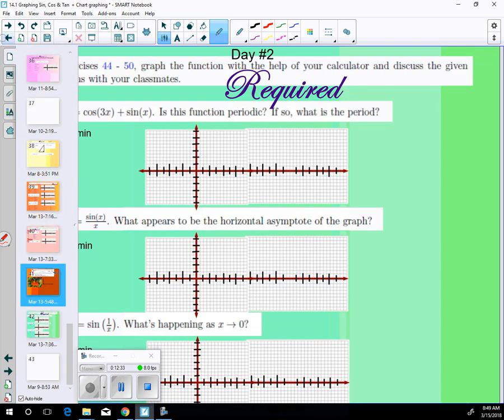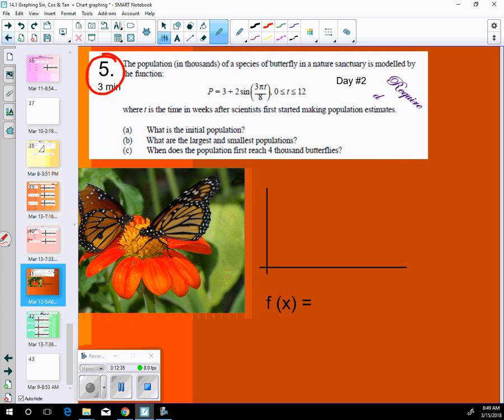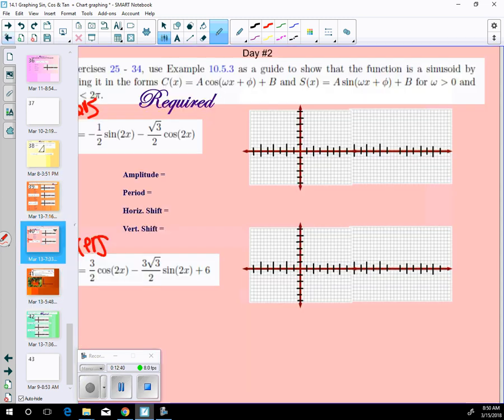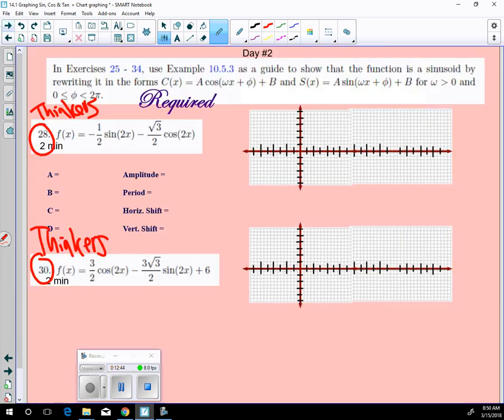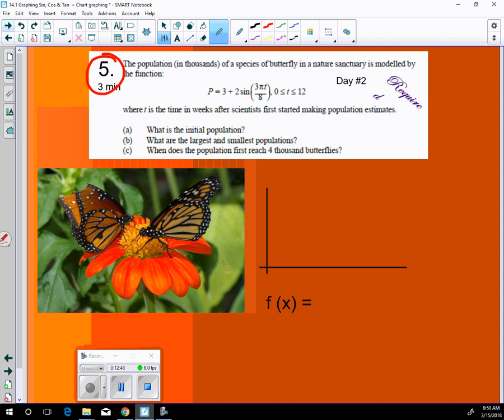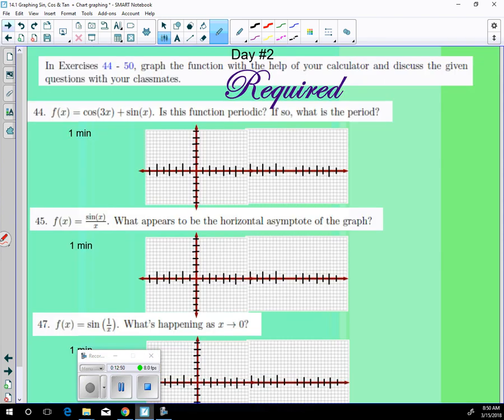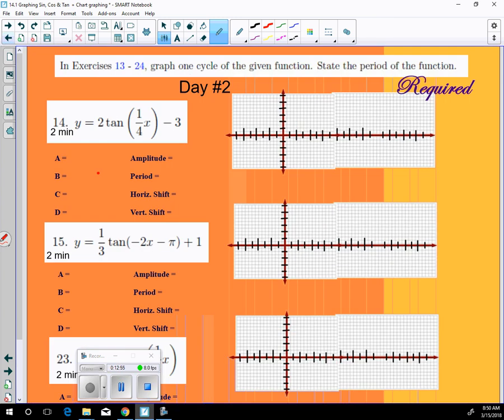Okay, and this is going to lead into my lab that we're going to introduce tomorrow, that you're going to like. So day 2, make sure you do these graphs and give the 2 thinkers a try, and number 5, if you can get to 44, 45, and 47, that's great. That's going to be awesome. And I will check those tomorrow.